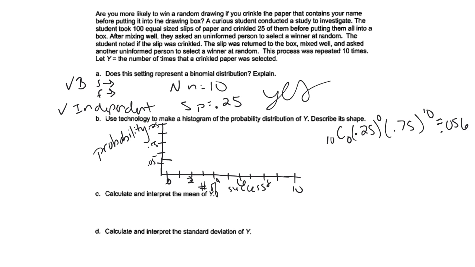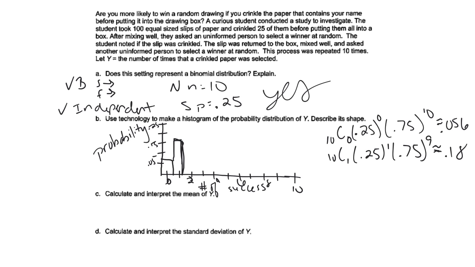I'm just graphing the probability here. So I would do this for 1. Again, you find this in your calculator under math, probability, and then you'll see it. Again, this is approximately 0.18 something. So I'm going to go through and draw this histogram.